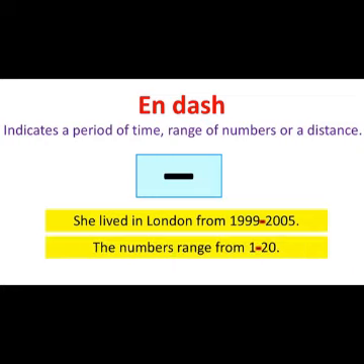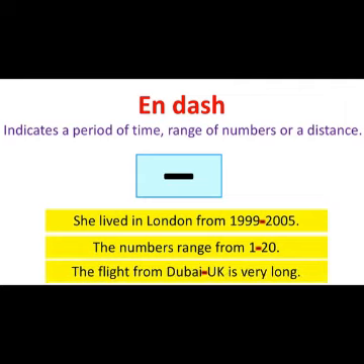The numbers range from 1 to 20. The flight from Dubai to UK is very long. M dash.